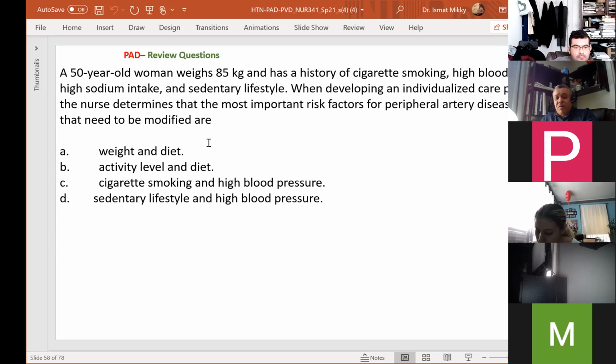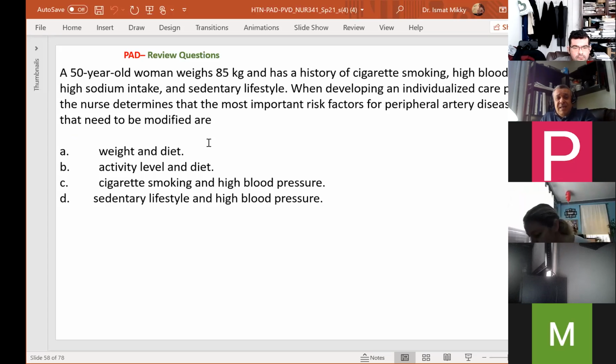I'll give you just the answers to the questions, because you have to move to the VTE and thromboses and how to treat the thromboses. Just the answers: the answer for this will be C. Some of these are very easy, and some of them are moderately difficult.